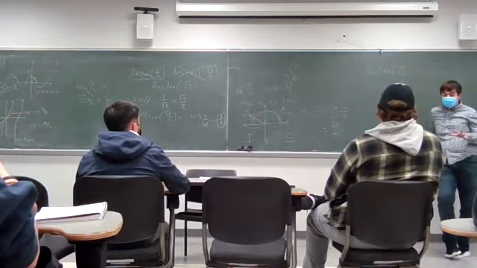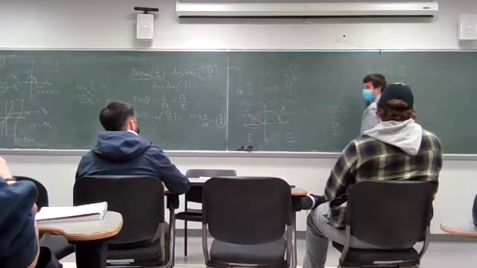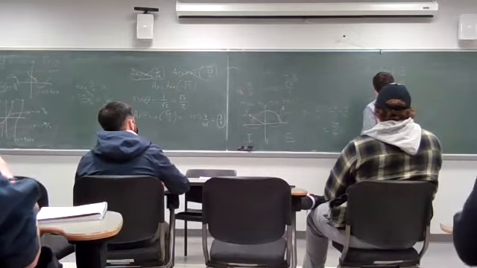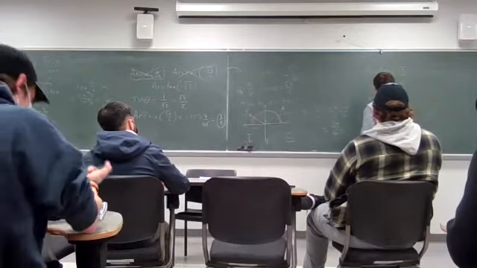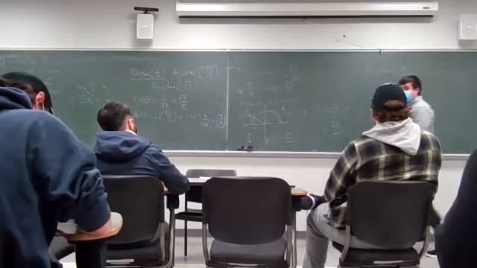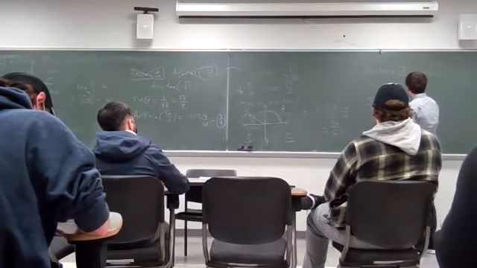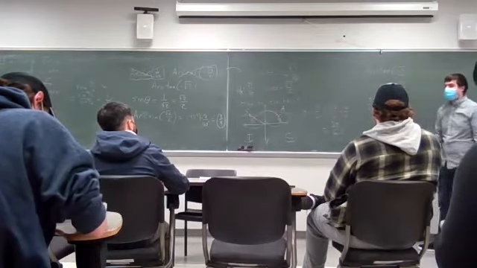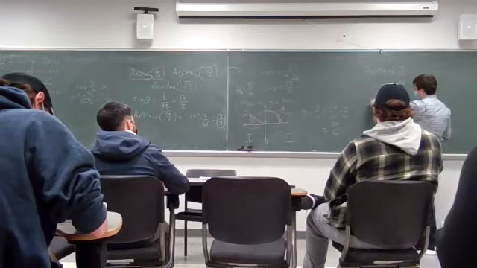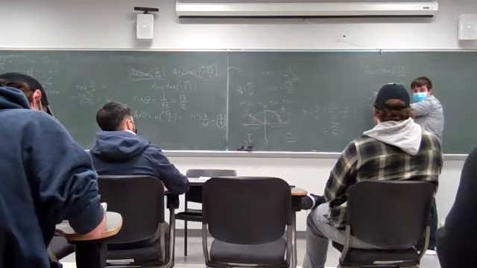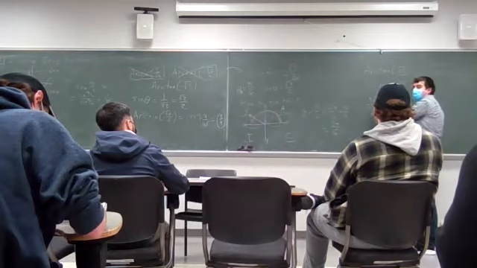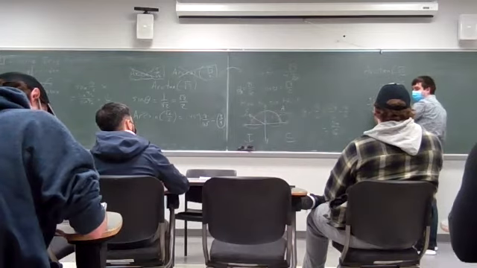If that's not clear, remember tangent is the same thing as sine theta over cosine theta, right? So what we want is the top part to have a root 3 in it, and the bottom part to just have a 1 in it, because then I'll get root 3 over 1.